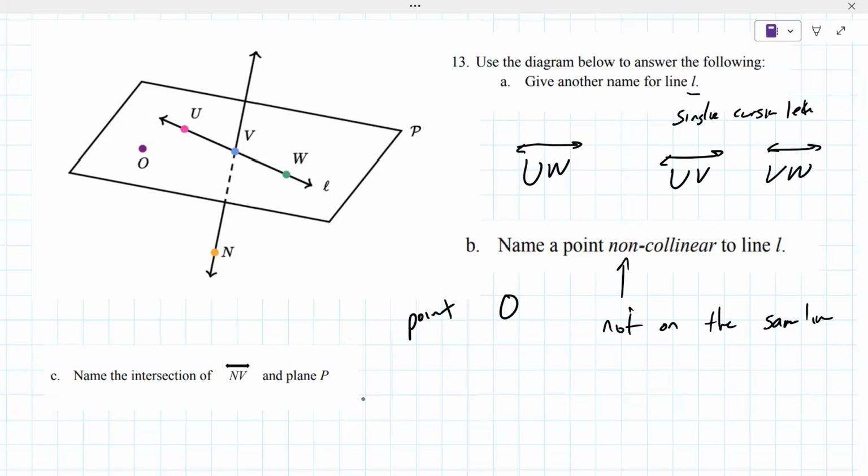Well, NV is this vertical line. Does it intersect at those other points with the plane, or does it intersect at this single point right here? Intersects at the V. Single point V, yeah. Is that it? That's it.